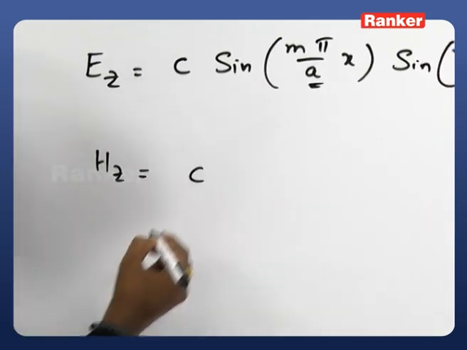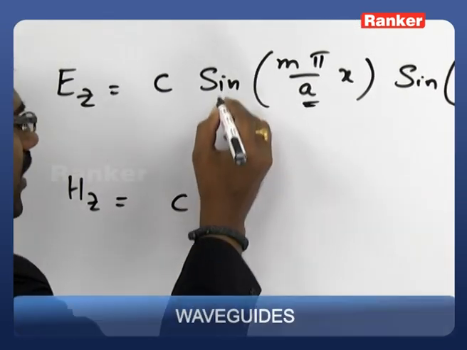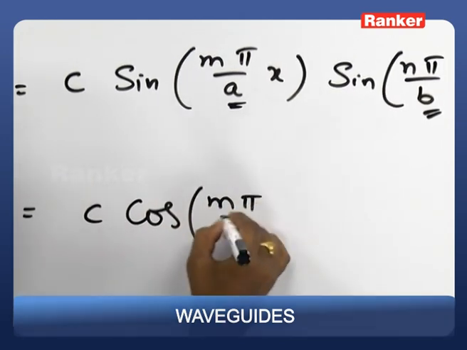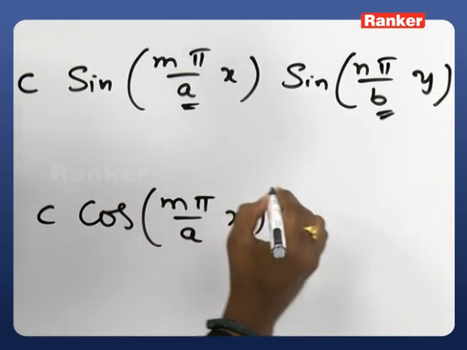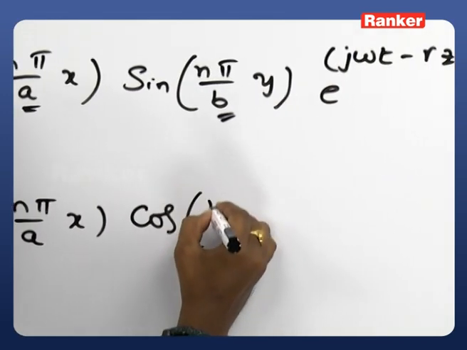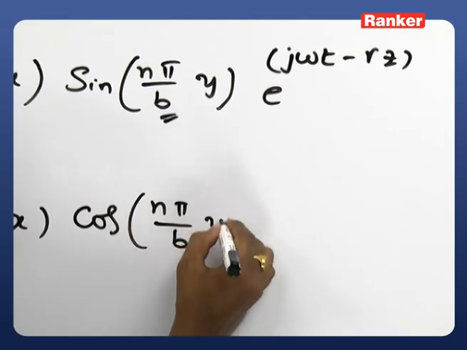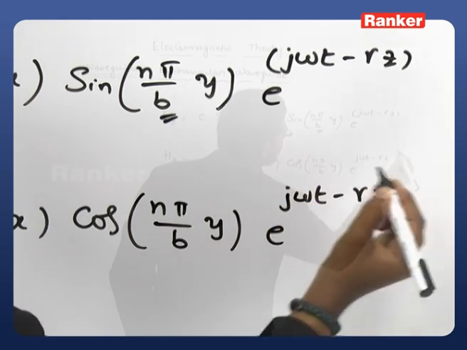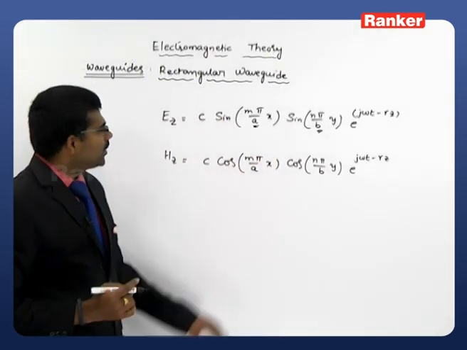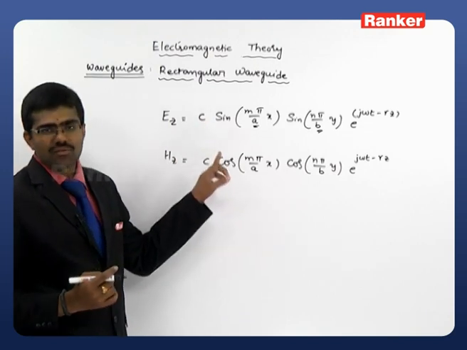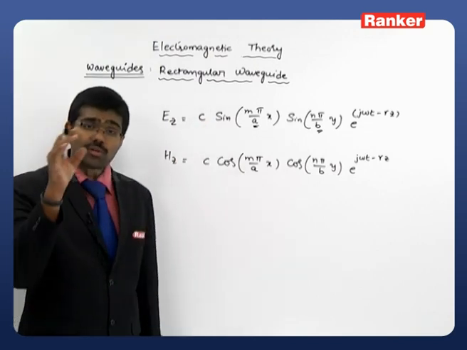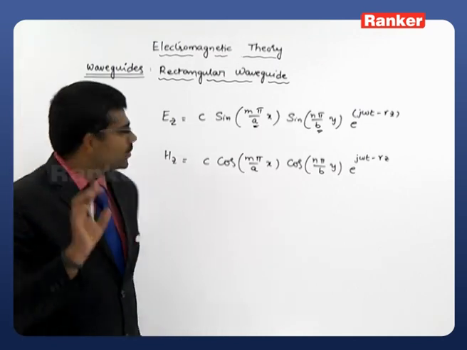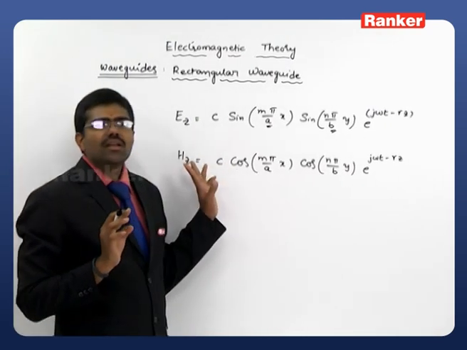It will be in the same form, but instead of sin you will get cos, m pi by a x, cos n pi by b y, e power j omega t minus gamma z. If you remember these two equations, that's enough. Along with these two, you have to remember the four equations Ex, Ey, Hx, Hy, and the solutions of Ez and Hz.